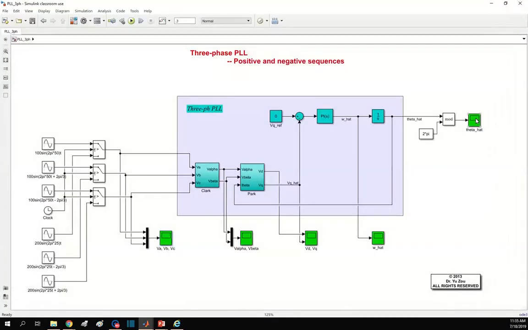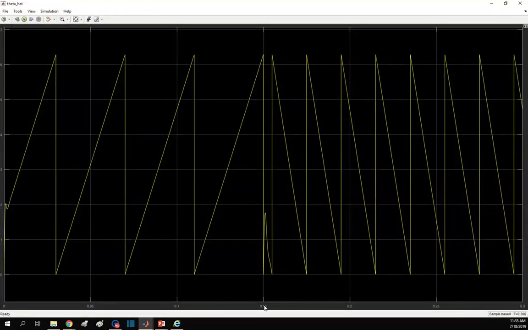First of all, the estimated position angle. Yep, the boundary of dynamics happens at exactly 0.15 seconds, and before that we have 25 Hz three-phase voltage. The position angle is ramping up, indicating the positive sequence, from 0 to 2 pi, which is approximately equal to 6.28.